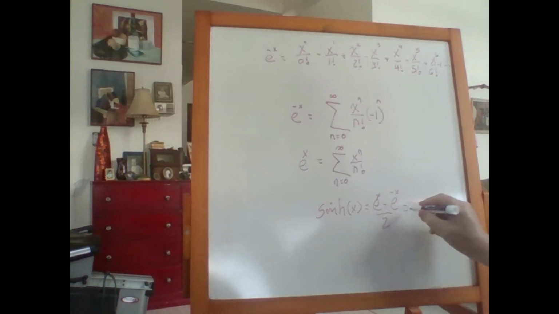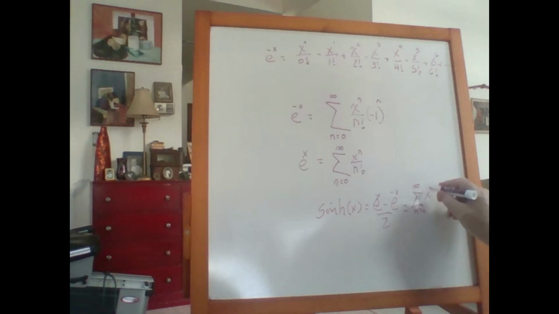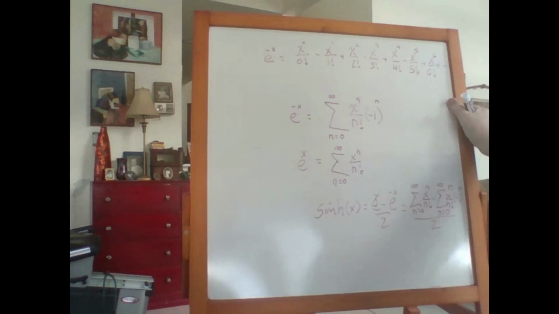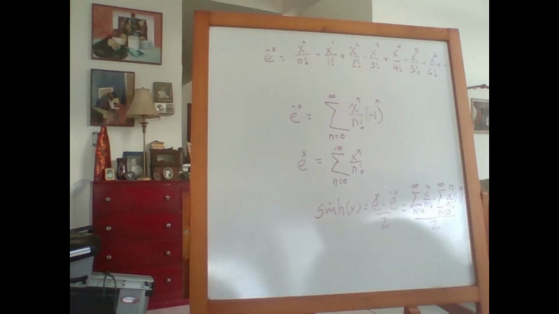And that would be equal to, well, we can use our n equals 0 to infinity, x to the n over n factorial minus, again, another summation, n equals 0 to infinity, x to the n over n factorial times -1 to the n, all over 2. So now we have a Taylor expression for the hyperbolic sine.